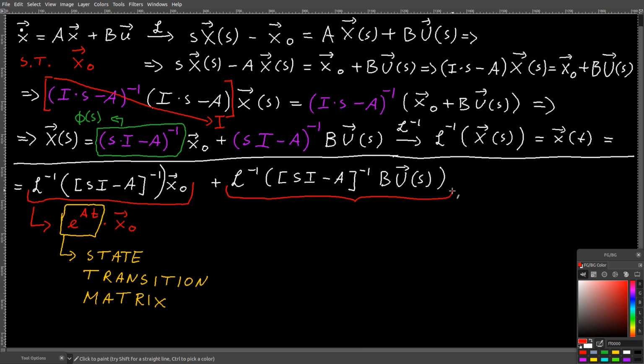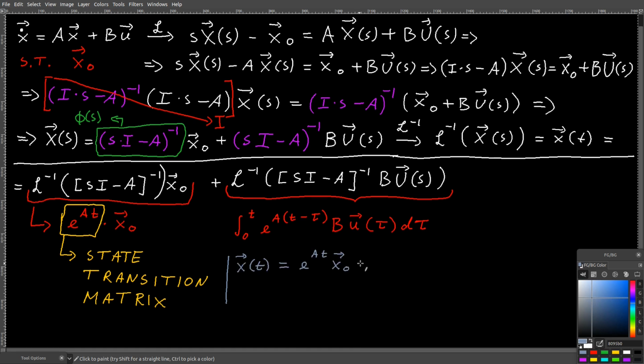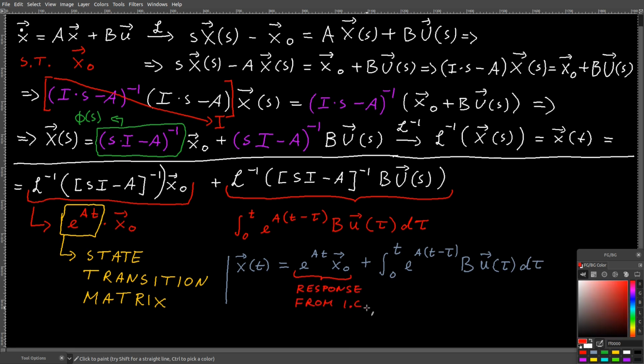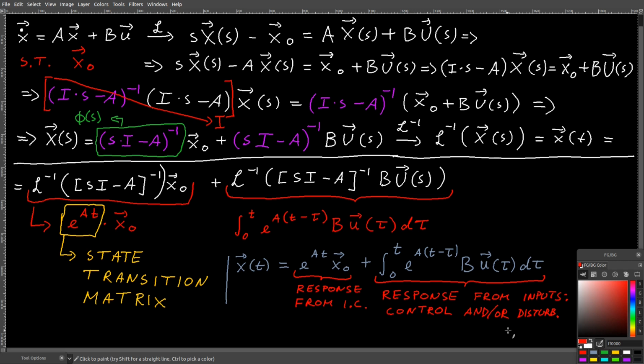Therefore, this term looks like this in the time domain. Therefore, my total solution in the time domain equals this term plus this term. This term here is your response from the initial conditions, and this term here is the response from the inputs that can be control and or disturbance inputs.